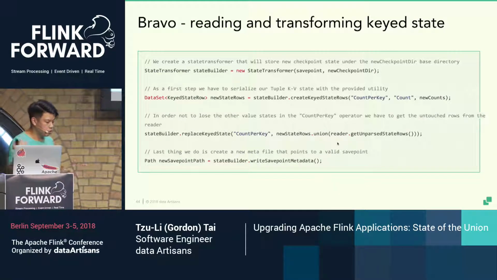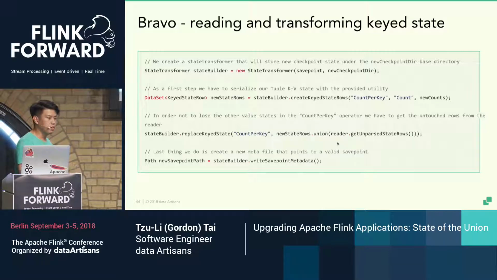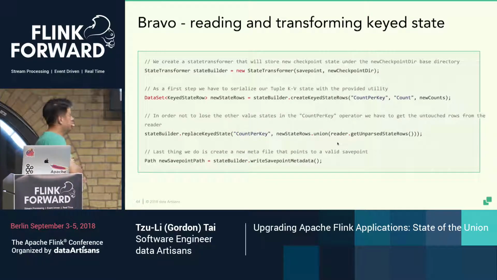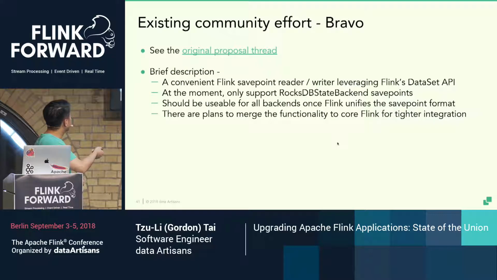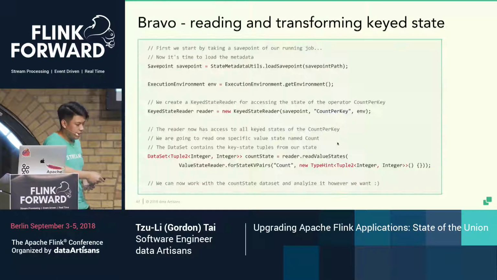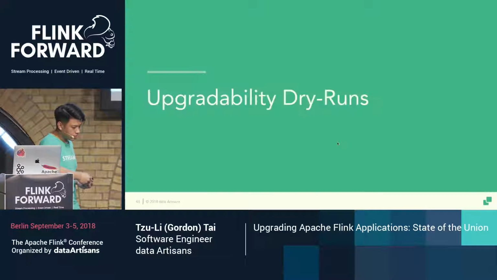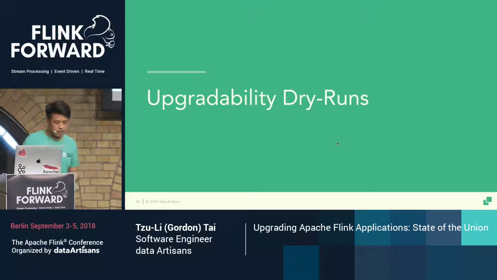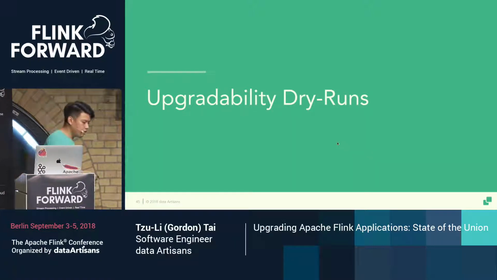And then you can also just spawn a new job with that Savepoint. So this is the basic idea. If you're more interested, you could also talk to Gayula or go to this thread and their repo. This is actually very quick.